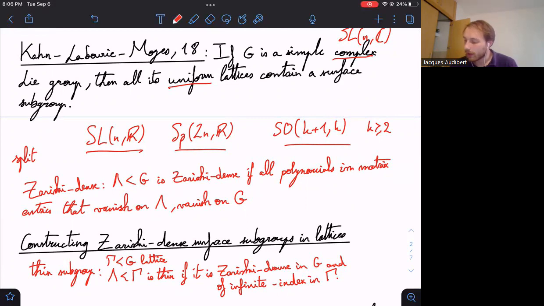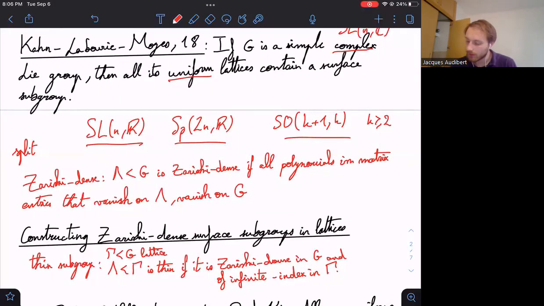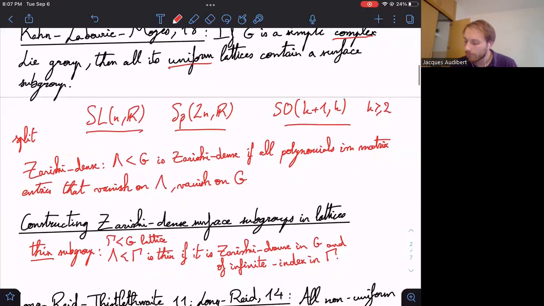It has been developed by people like Sarnak, for example. Sarnak is the one that introduced the word thin here.